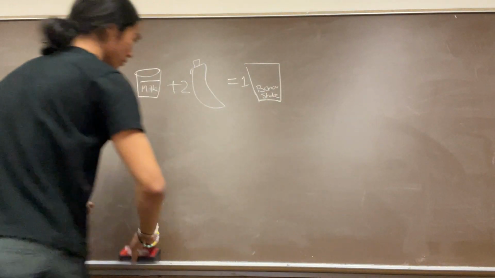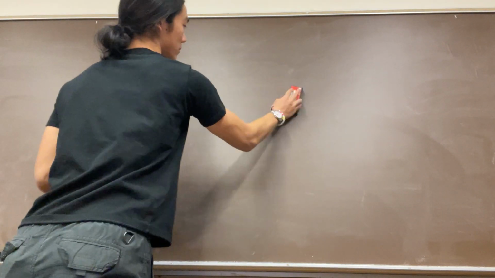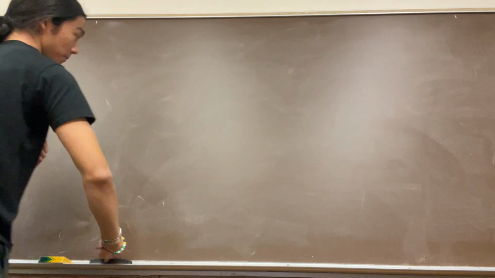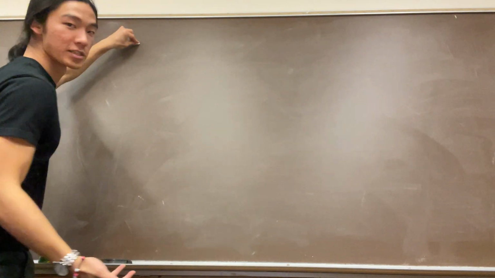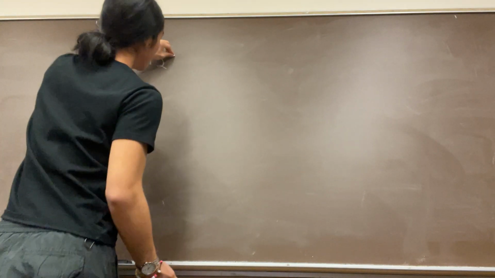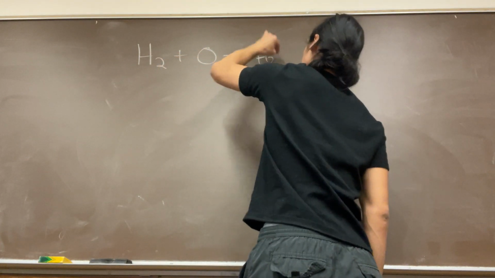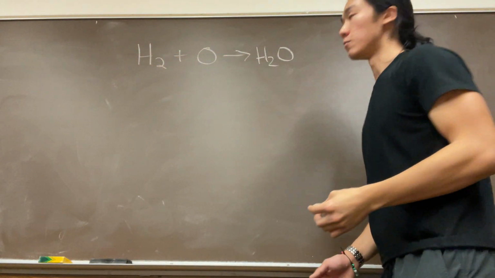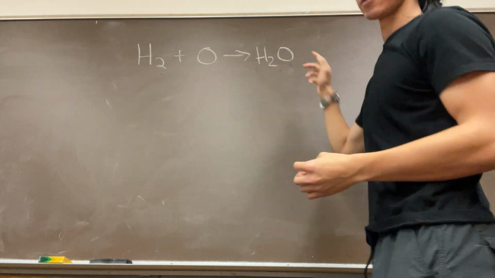So stoichiometry is similar. We're just using elements to create this. Let's say the creation of water, H2O. You need H2 plus O gives you H2O, right? You need one H2 and 1 oxygen to make your water.